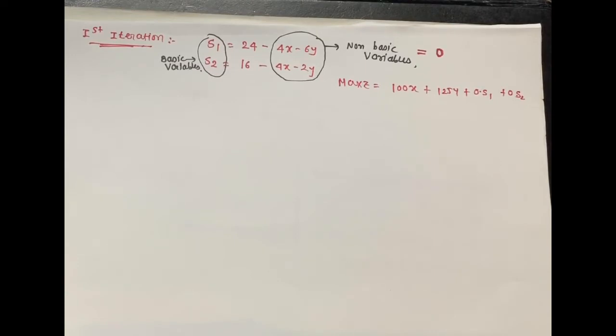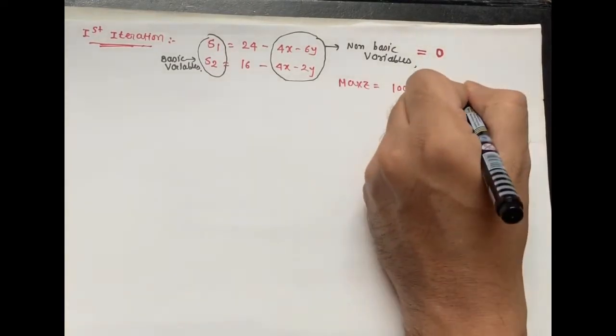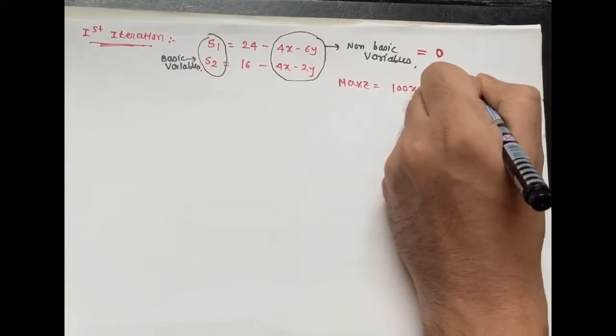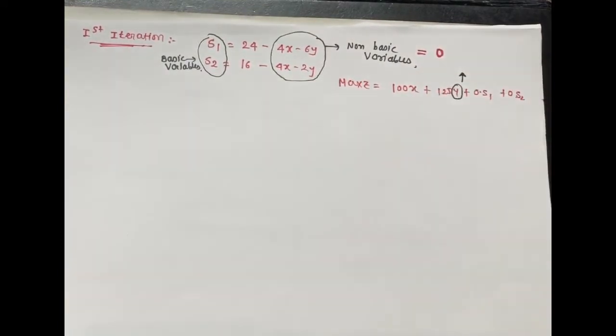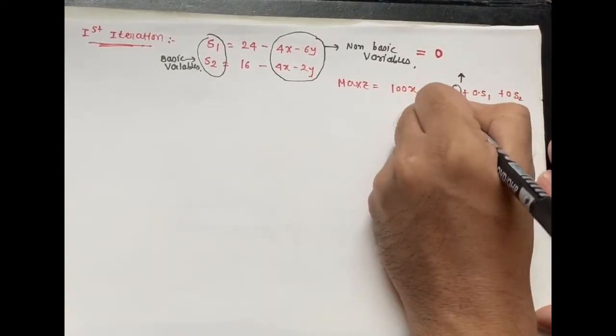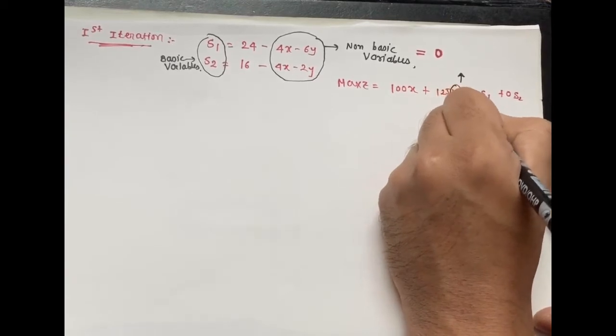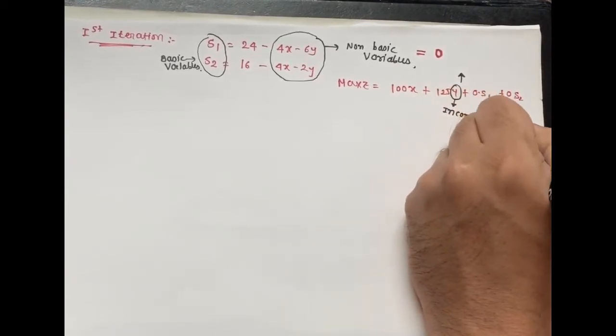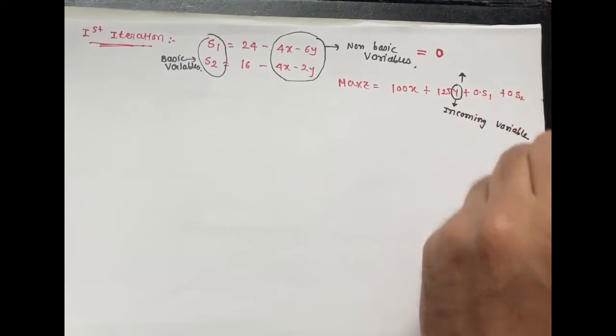So y should be selected initially for increasing the objective function. So y is referred to as my incoming variable.